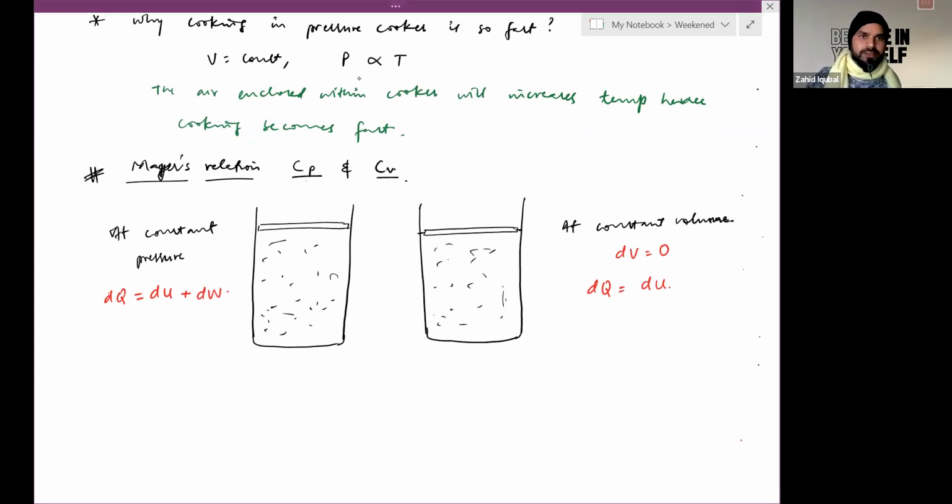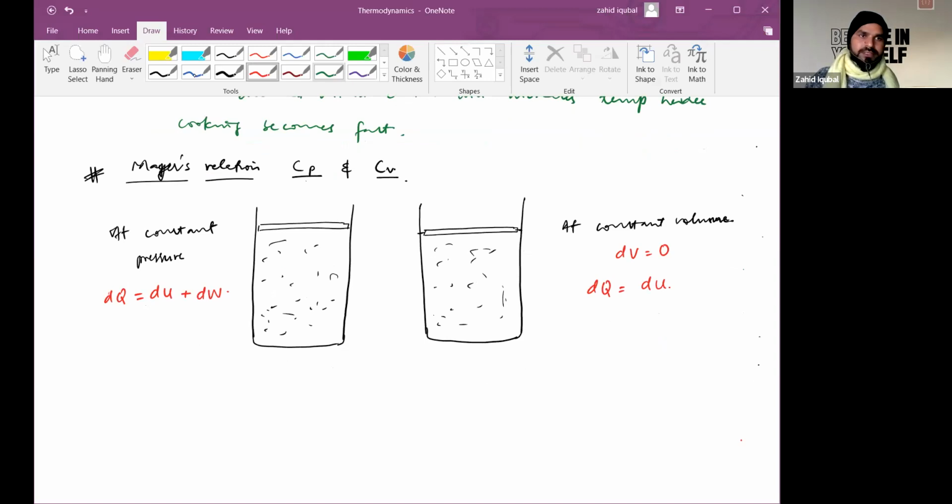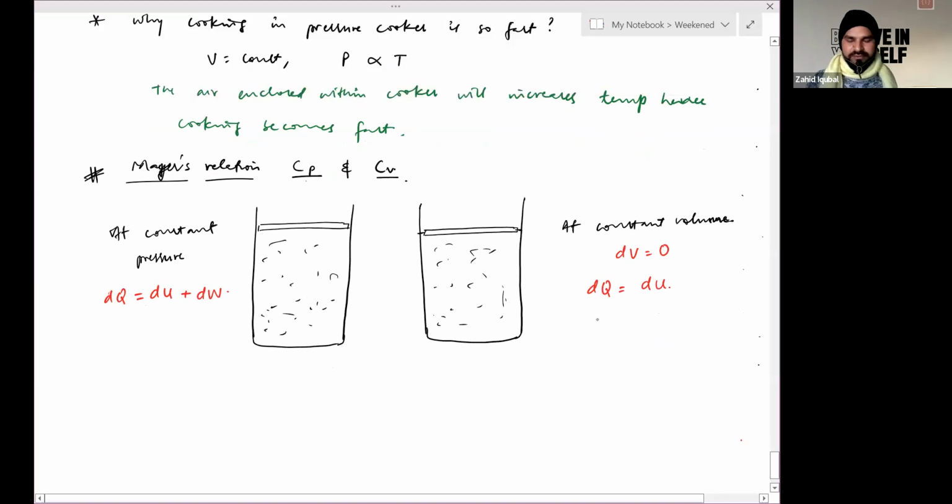Let me give you some numerical values related to this process. Suppose in the first part, you have applied 10 joule of heat energy to this system. How much will be the change in internal energy? It will be just 10 joule, since there is no other process.